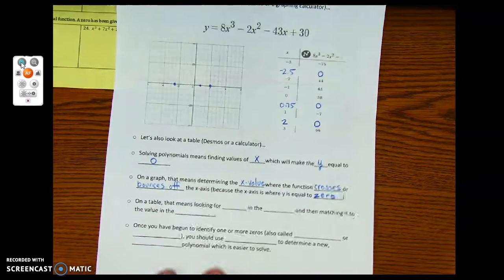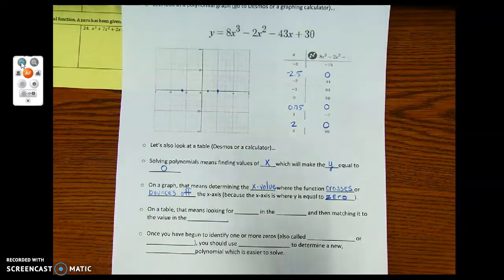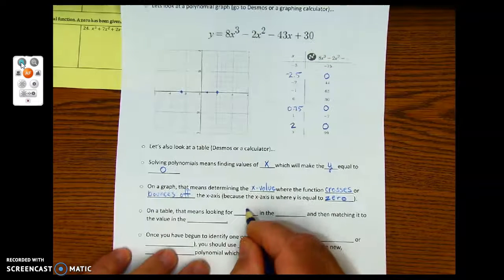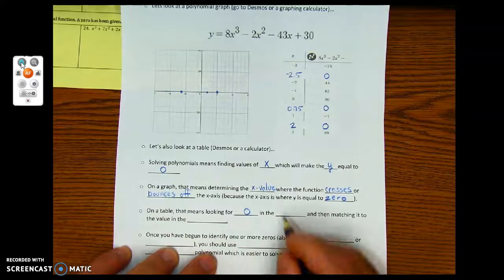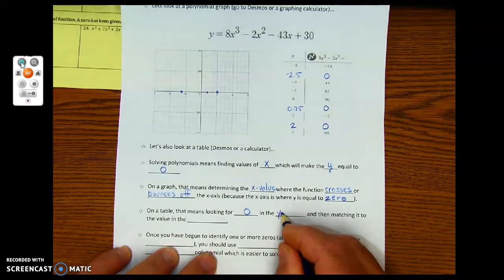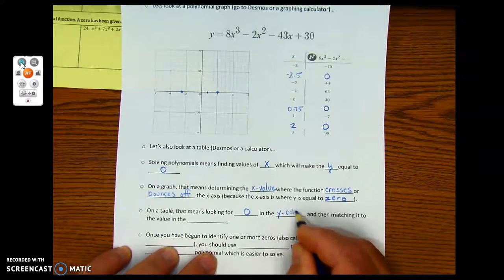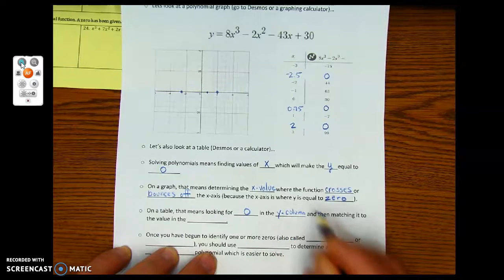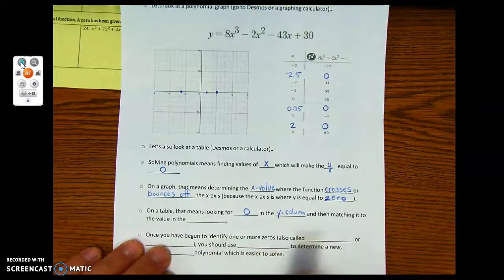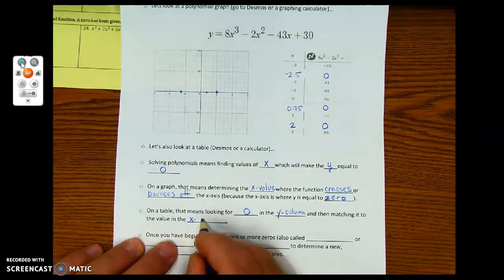On a table, that means looking for 0 in the y column and then matching it to the value in the x column.